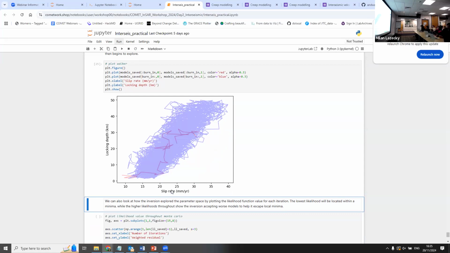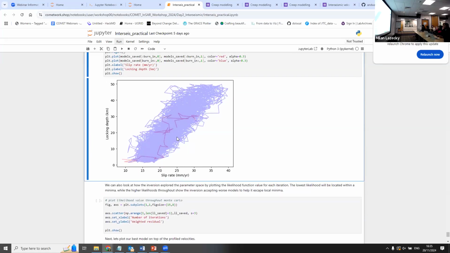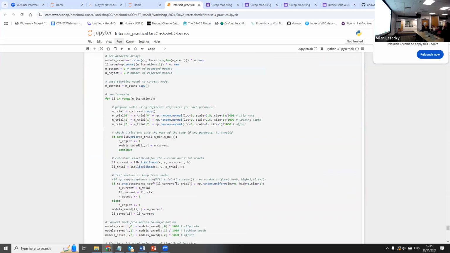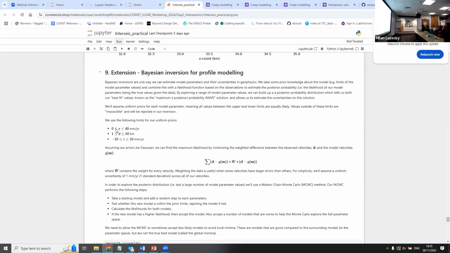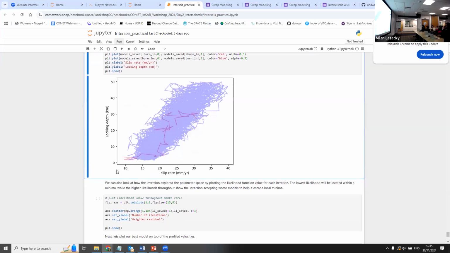It will not give you a global minimum. So you should make sure that your algorithm explores the whole space you give, then it gives you the global minimum. You can see that we set the space of slip rate to be 0 to 40, and the algorithm explores the slip rate between 10 and 40. So it looks good to me, I think.